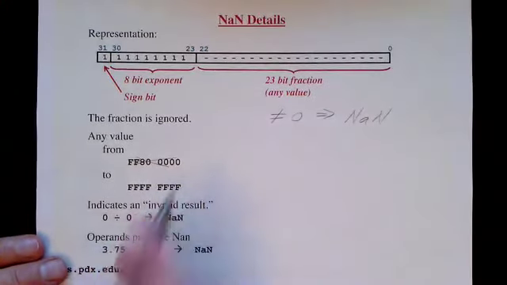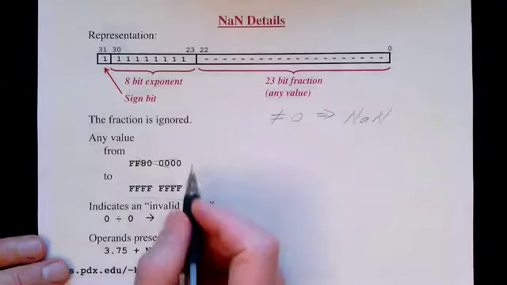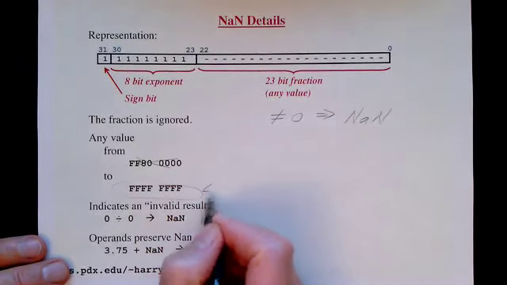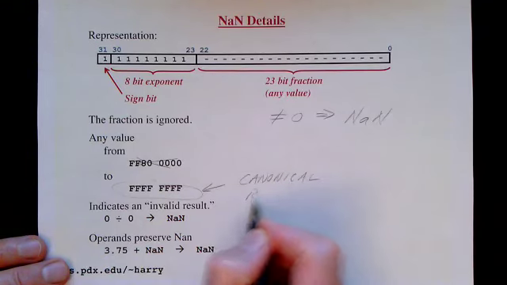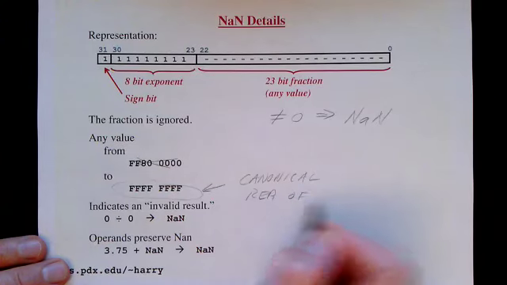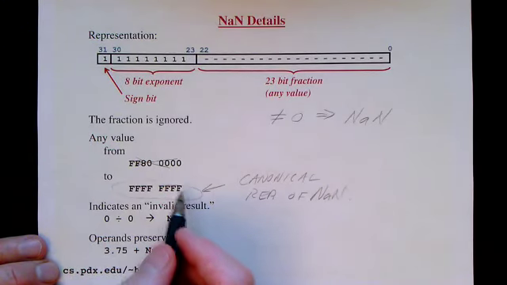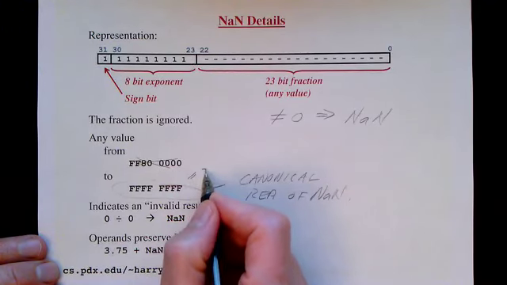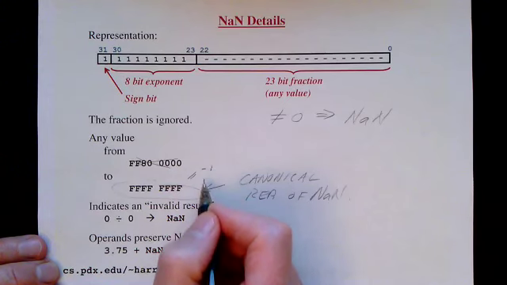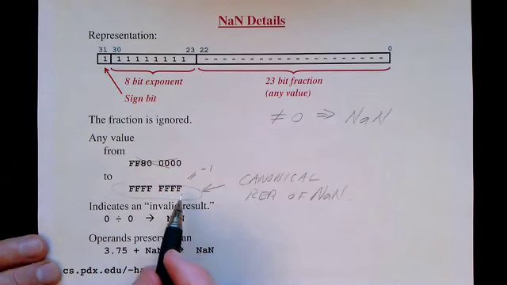And the typical value we use for not a number is just all ones. So this is the canonical representation of not a number. And this is, interestingly enough, also as a signed number -1. But of course these aren't signed integers, these are floating point numbers. It happens to be the same bit pattern.